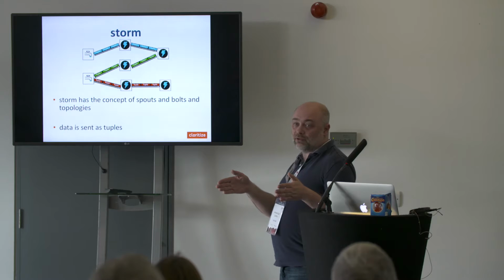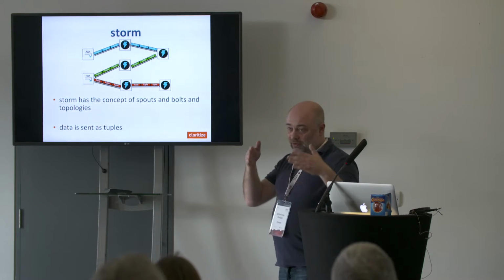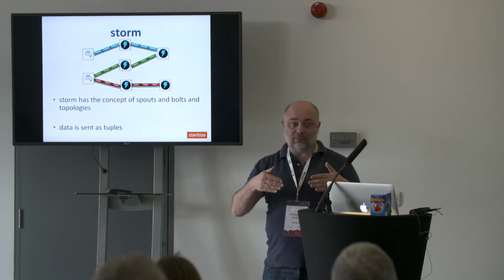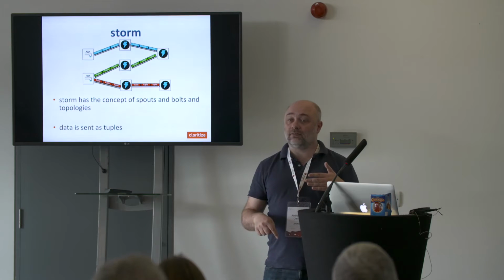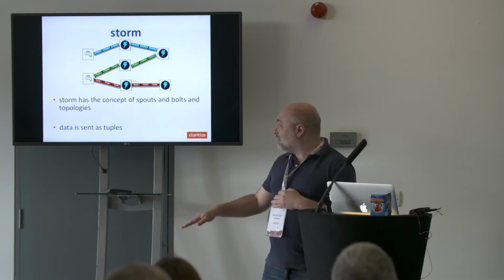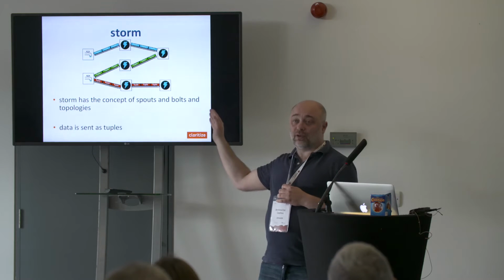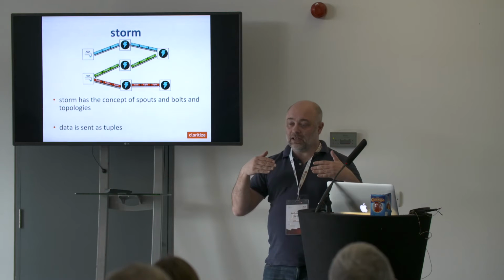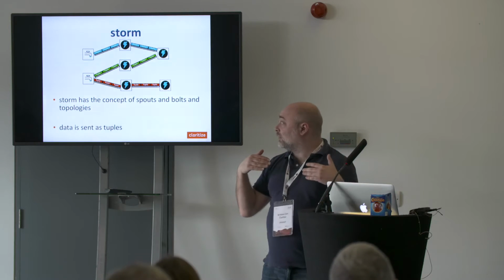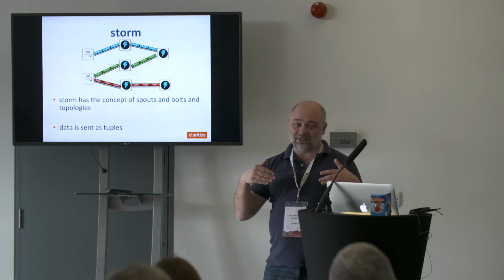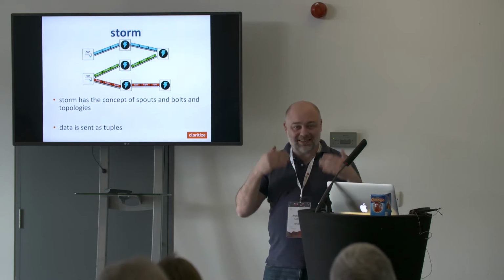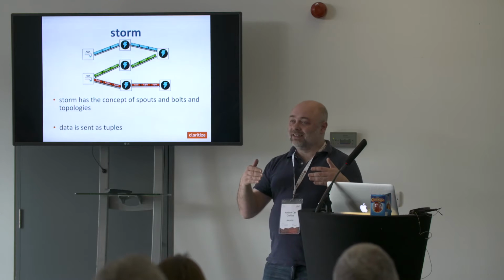Unlike batch processing such as Hadoop MapReduce, where someone clicks on the UI and it kicks off some processing, in Storm the data coming in is what causes the processing. The data coming in could be from Apache Kafka, a new project.